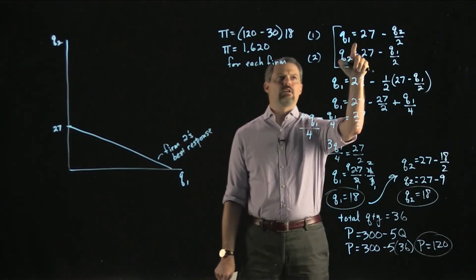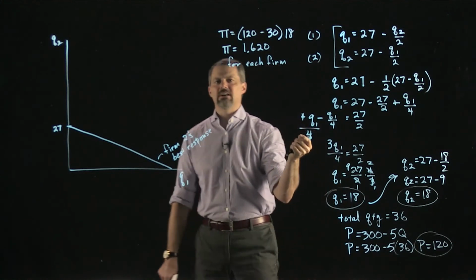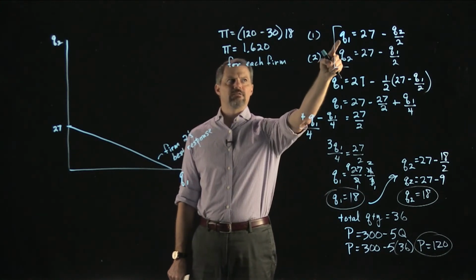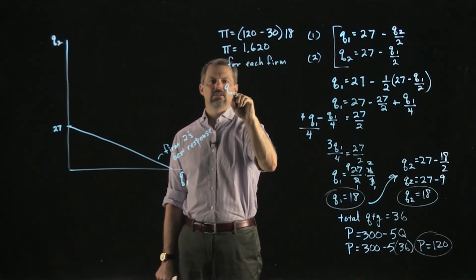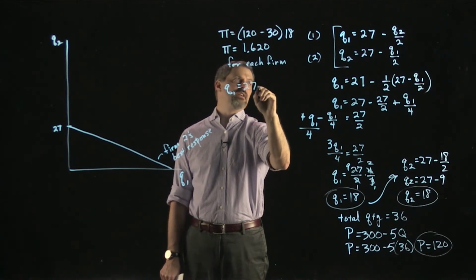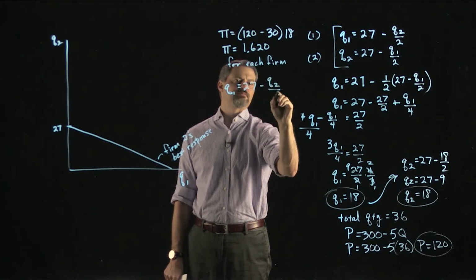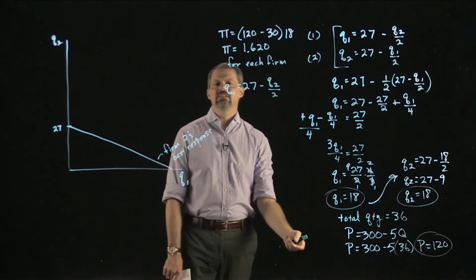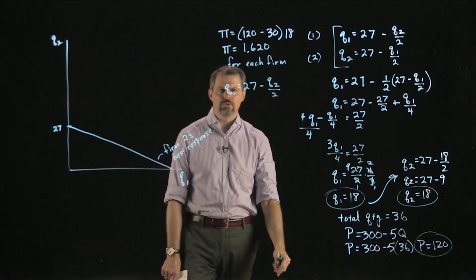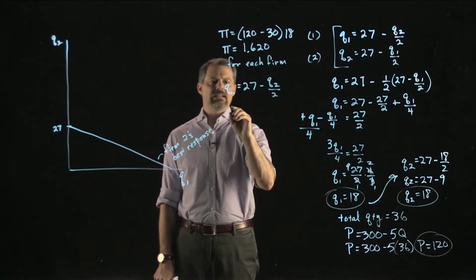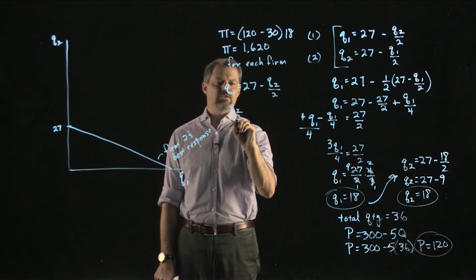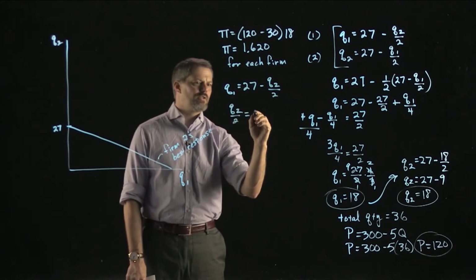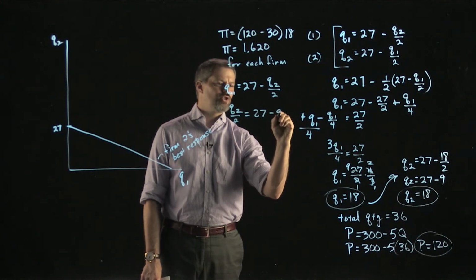To graph firm 1's best response function, we have to invert it. It's solved for Q1. Let's write it here. Q1 is equal to 27 minus Q2 over 2. I need to solve that thing for Q2. So I'm going to move this over. I get Q2 over 2 is equal to 27 minus Q1.